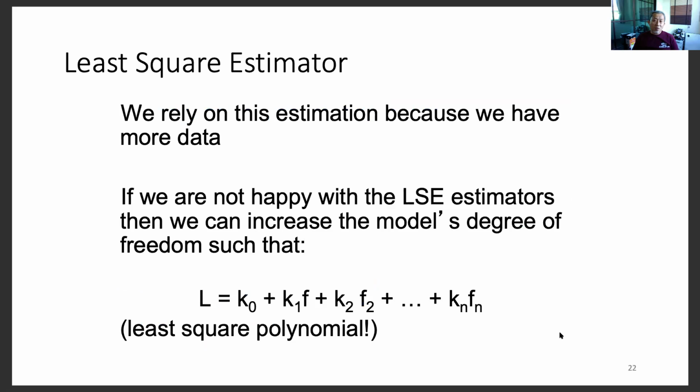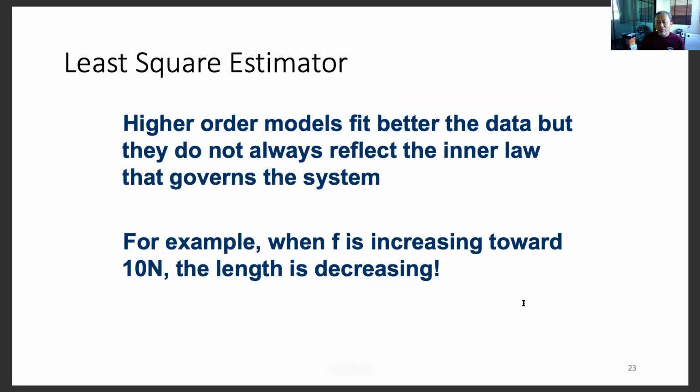So we rely on this estimation because we have more data, but as you know, least square estimators also have degrees of freedom, which is shown here. L0, K0, K1F, K2F, and so on. Higher order models fit the data better, but they do not always reflect the inner law or the governance of the system.